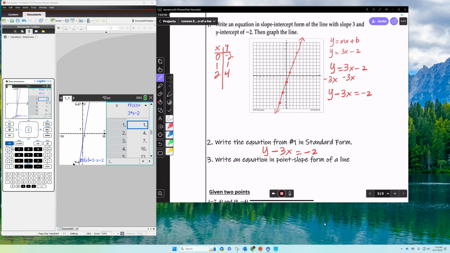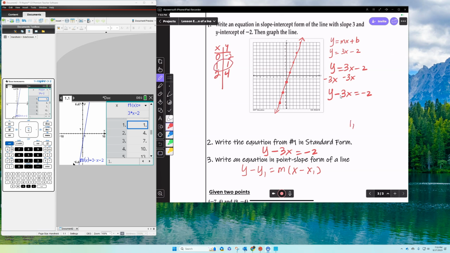Now I'm going to write the equation in point slope form. I have y minus y1 equals m times x minus x1. I'm going to select one of these points. I'm going to select (1, 1).